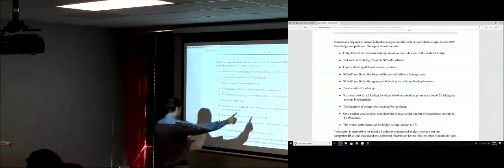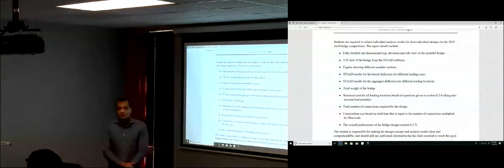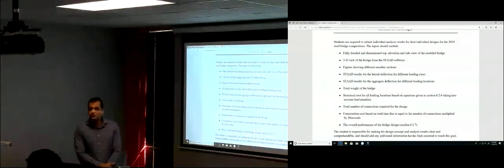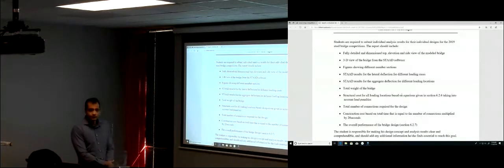This part was 30 points. If you just gave the views without dimensions, you lost 15 points. So that was the first thing you were required to put. Then a 3D view of the bridge, that was 5 points.